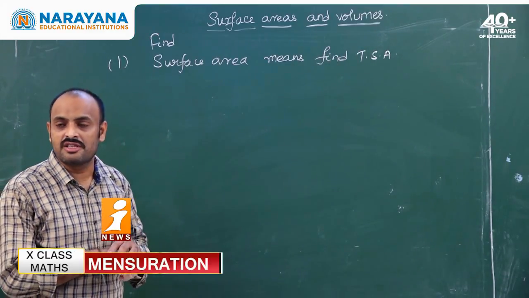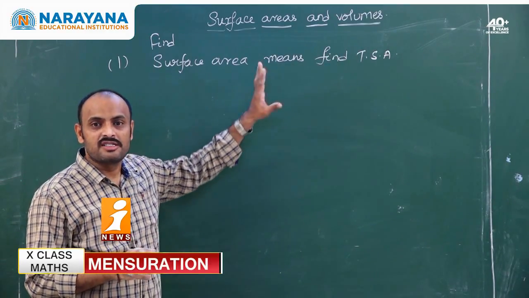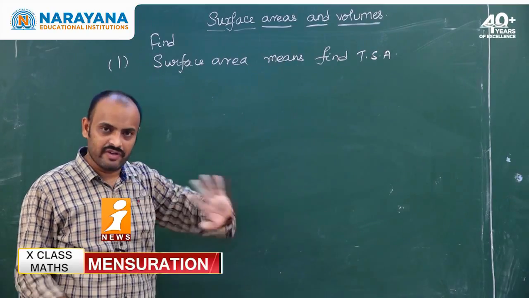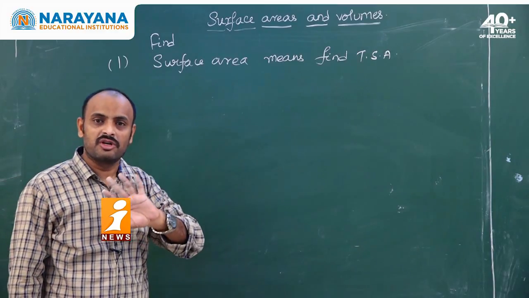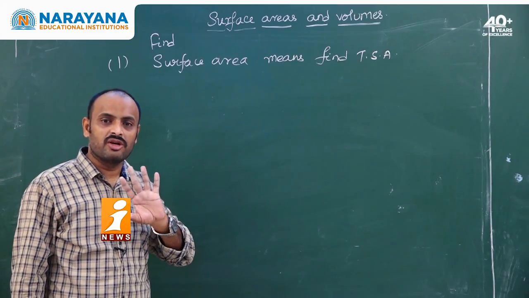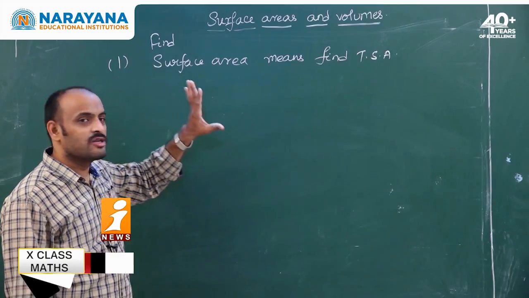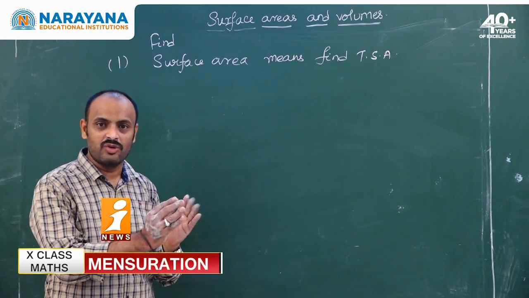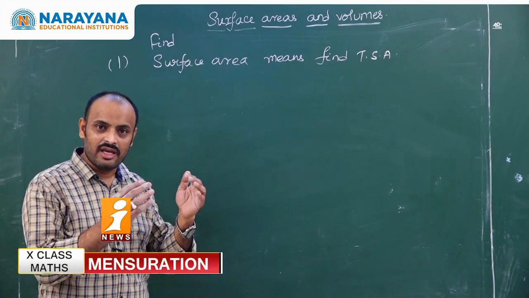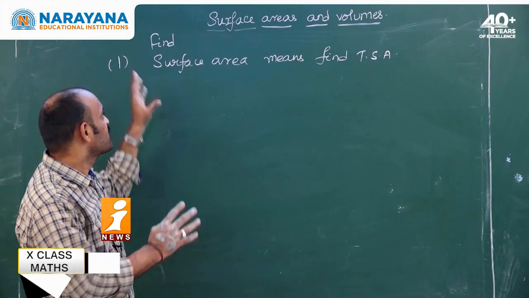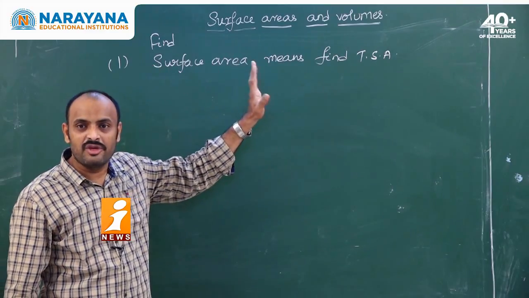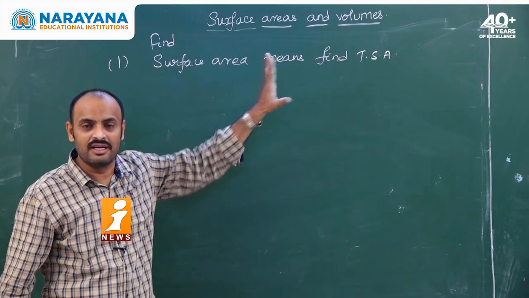This applies to any kind of single solids, not combined solids, single solids like only cube, only cuboid, only cylinder, only hemisphere, only sphere. For all these, surface area means total surface area.